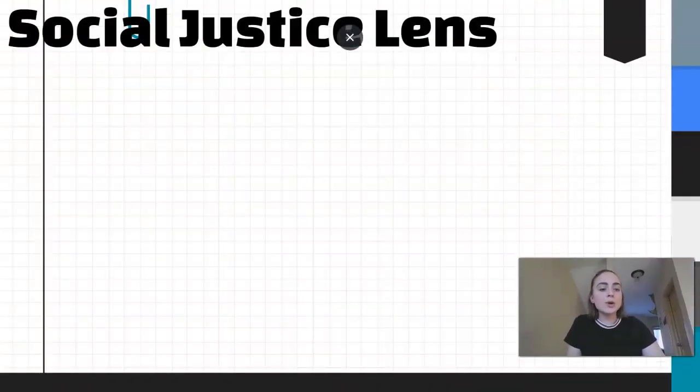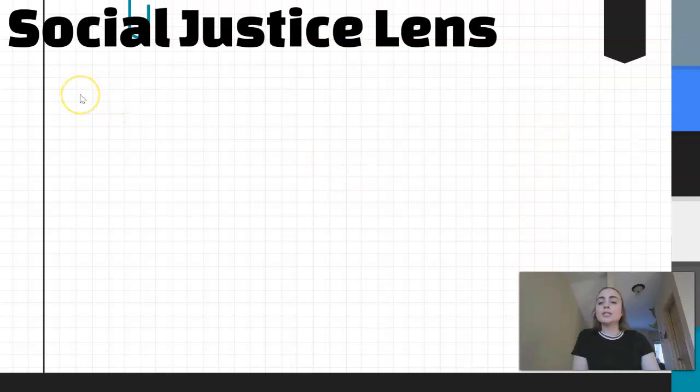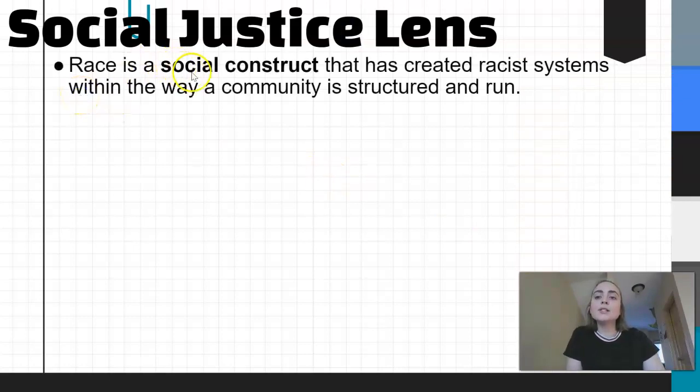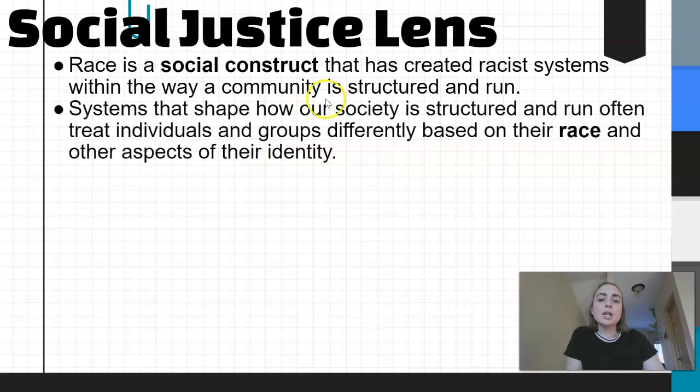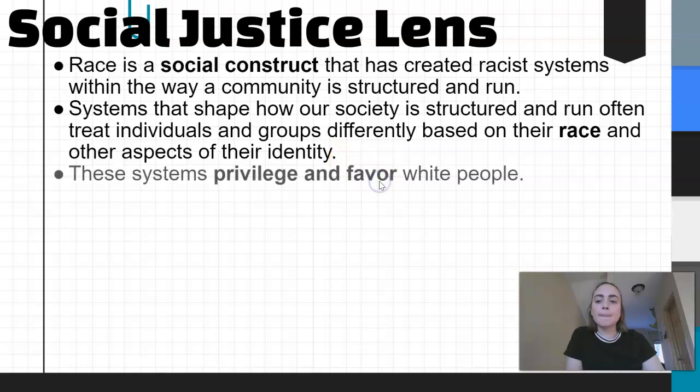So some key ideas to understand as you use the social justice lens: that race is a social construct that has created racist systems within the way a community is structured and run. Systems that shape how our society is structured and run often treat individuals and groups differently based on their race and other aspects of their identity.